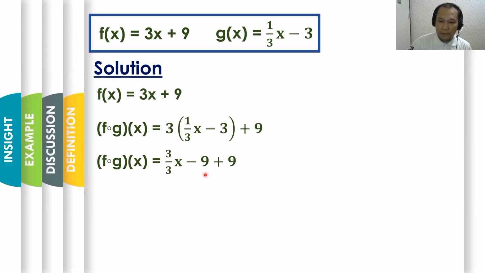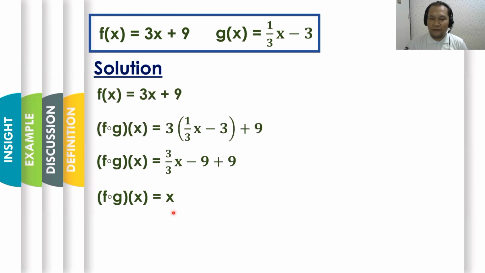But remember, 3 divided by 3 is equal to 1, multiplied by x, therefore we have x. Negative 9 plus 9, then we have 0. Therefore, x plus 0, the answer will be x. Meaning to say, f composite of g is equal to x.